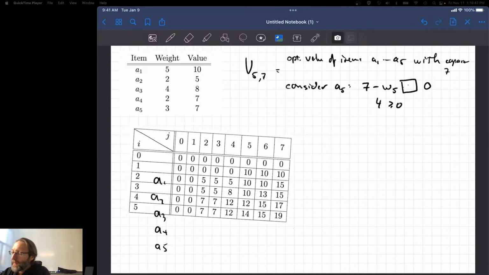All right. Now, let me make this smaller and just move it over here. There we go. All right, so now you have to consider two choices. Take A5 or leave it. So if I took it, then that means that my weight capacity is updated.